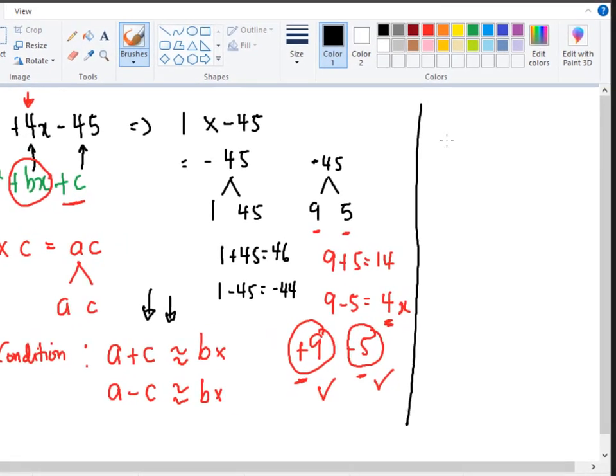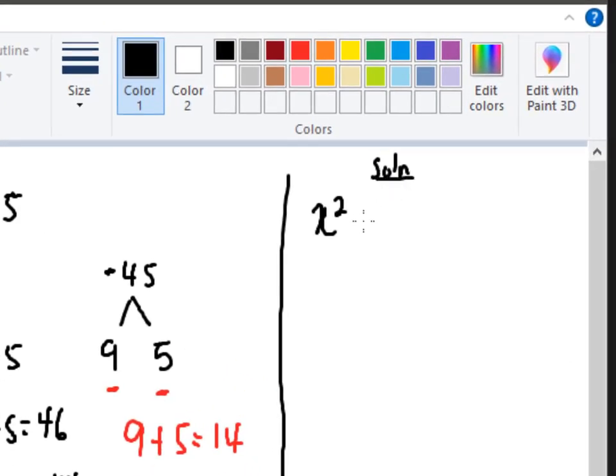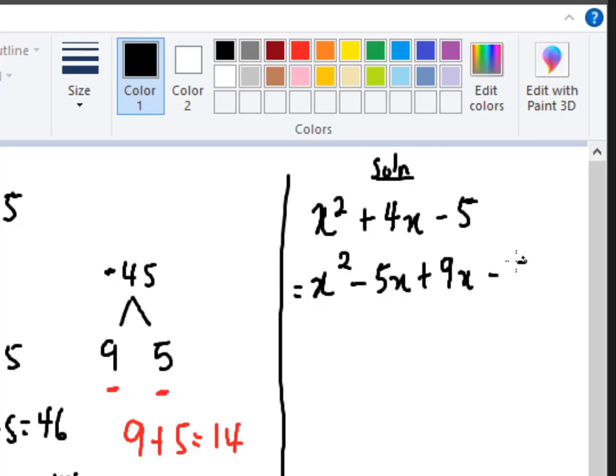Then we can expand our expression here. We have x squared plus 4x minus 45. When we go to the next step, we replace the 4x with minus 5x plus 9x, minus 45.